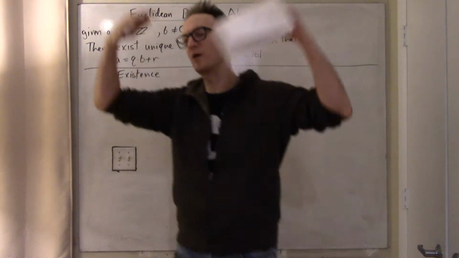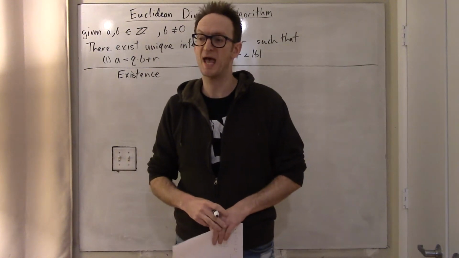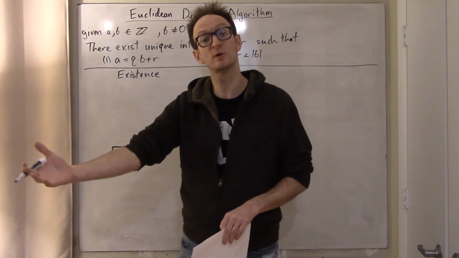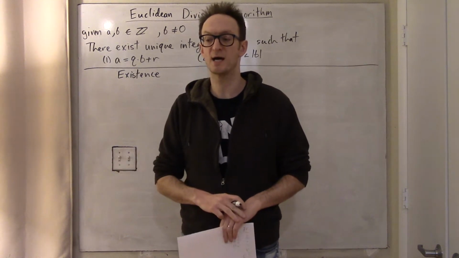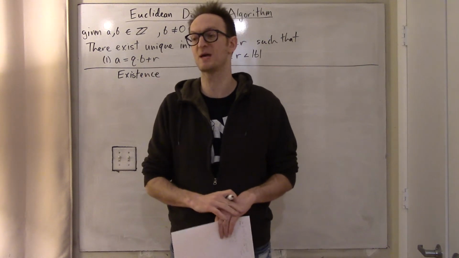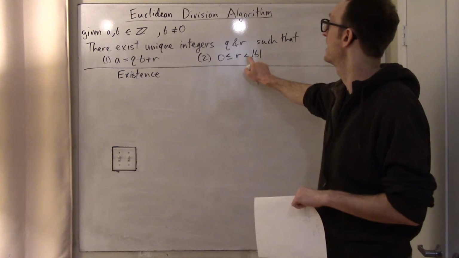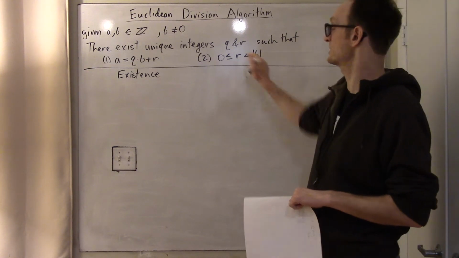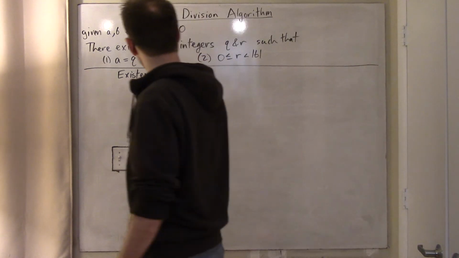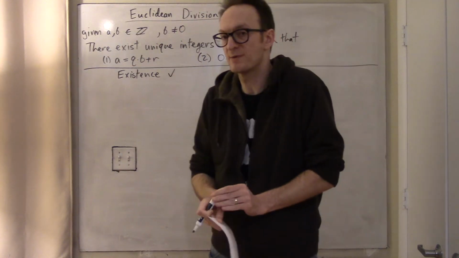We put all the possible positive remainders into a big set, and we applied the well-ordering principle to that set. And thus we focused on the smallest remainder from that set, and we showed that that smallest remainder is less than b. So, all right, I'll put a check next to this. That was the hard part.